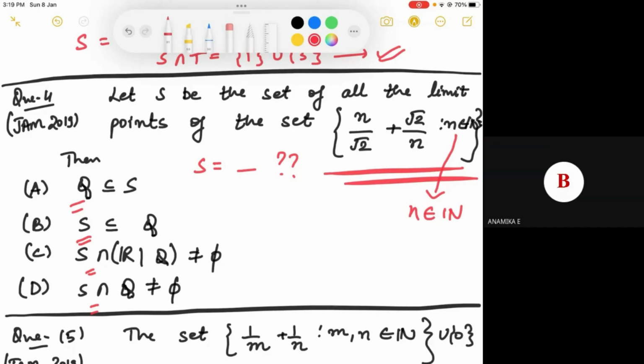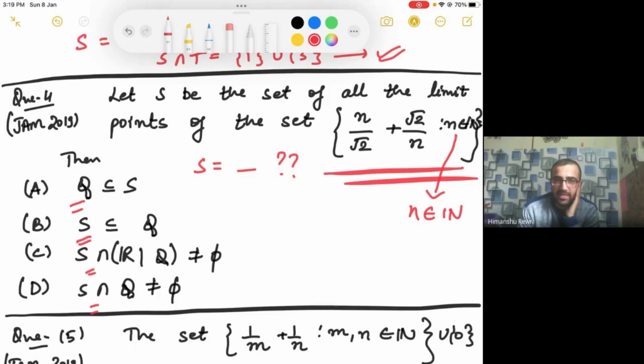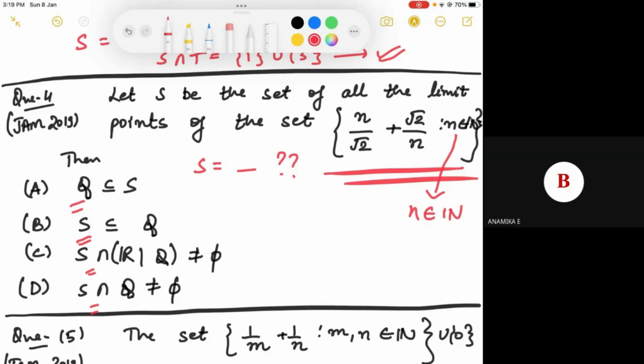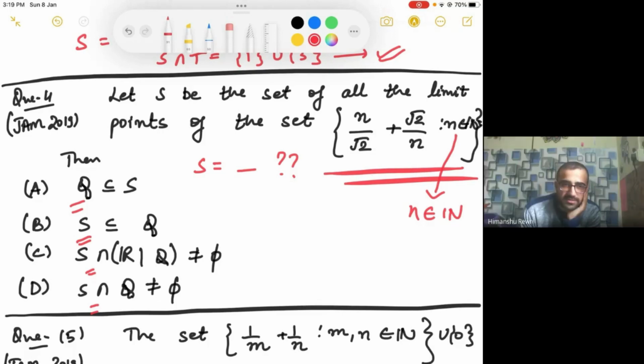Can you explain once more? No, till now I haven't said anything about the answer of this question number 4. Can you say anything about option B? Why option B?